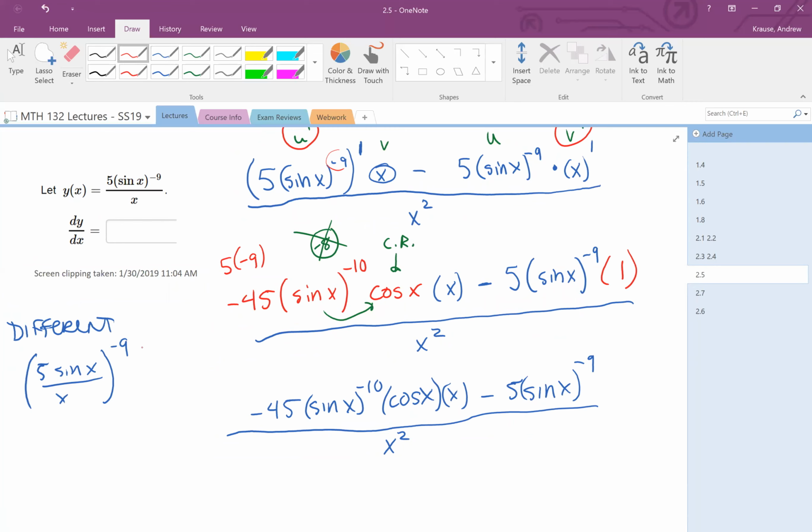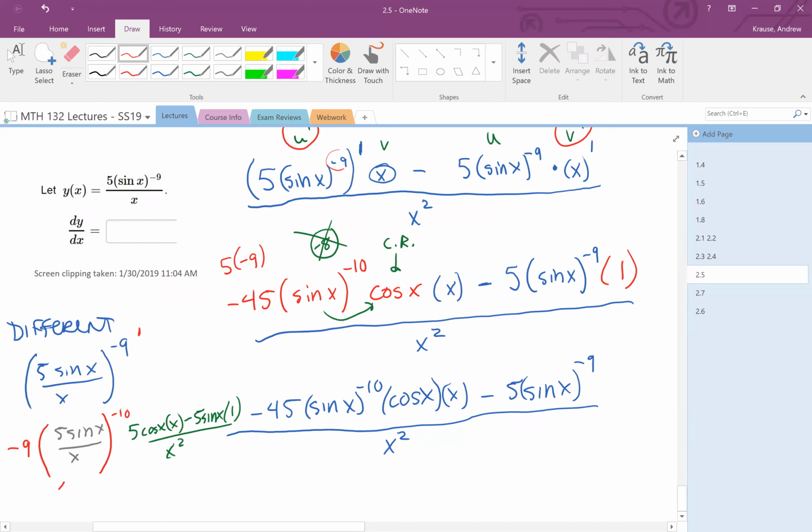If we're taking the derivative of this thing, we would have done negative 9, kept the inside function, 5 sine of x over x to the negative 10th power, and then we would have done a quotient rule on the inside, which would have been 5 cosine of x times x minus 5 sine of x times 1, all divided by x squared.